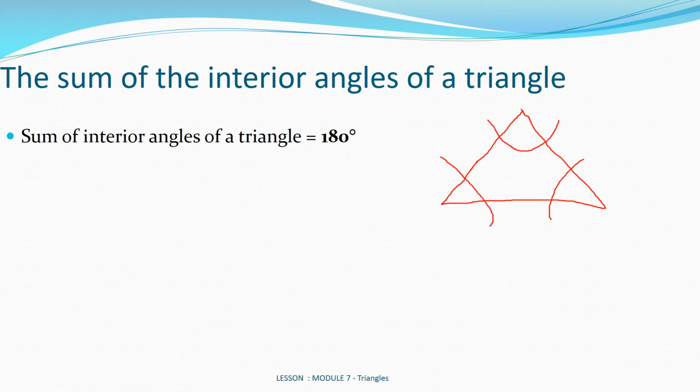If we cut them, we end up having something that looks like this: the triangle at the top that's been cut, another triangle at the bottom that's been cut, and another triangle that's been cut. Let's start with this one and name it 1, name this one 2, and we name this one number 3.